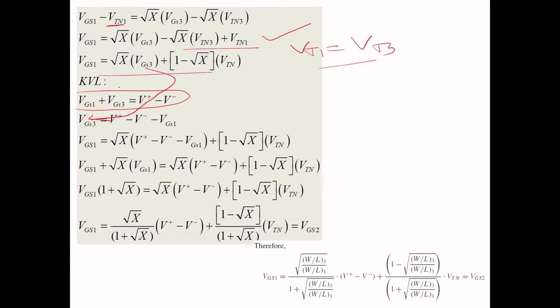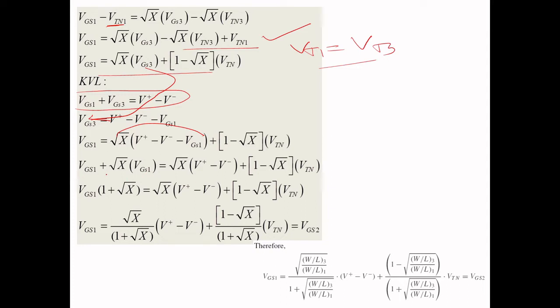Substitute this equation, so it becomes Vgs1 equal to root x (V plus minus V minus minus Vgs1) plus (1 minus root x) Vtn. Here I am bringing the Vgs1 term to the left side, so it becomes Vgs1 plus root x Vgs1 equal to root x (V plus minus V minus) plus (1 minus root x) Vtn.